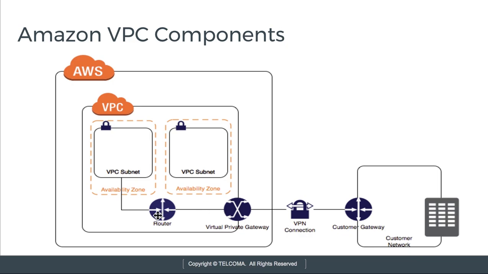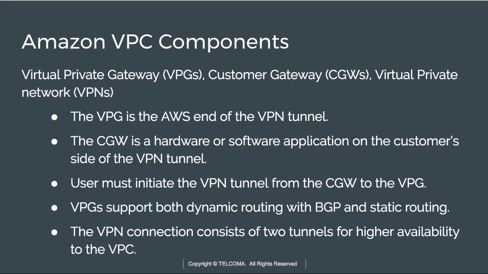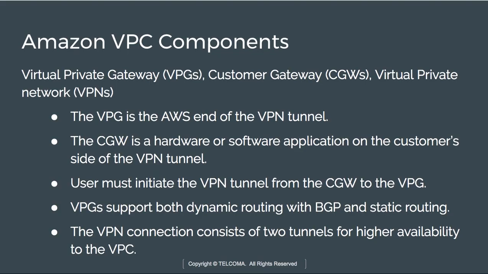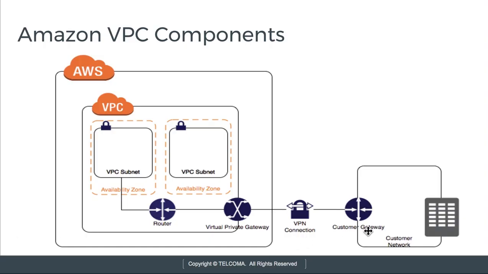We can see here how these are arranged. The virtual private gateway is the AWS end of a VPN tunnel. Here we require creating a tunnel. The customer gateway is the hardware or software at the customer side of a VPN tunnel.